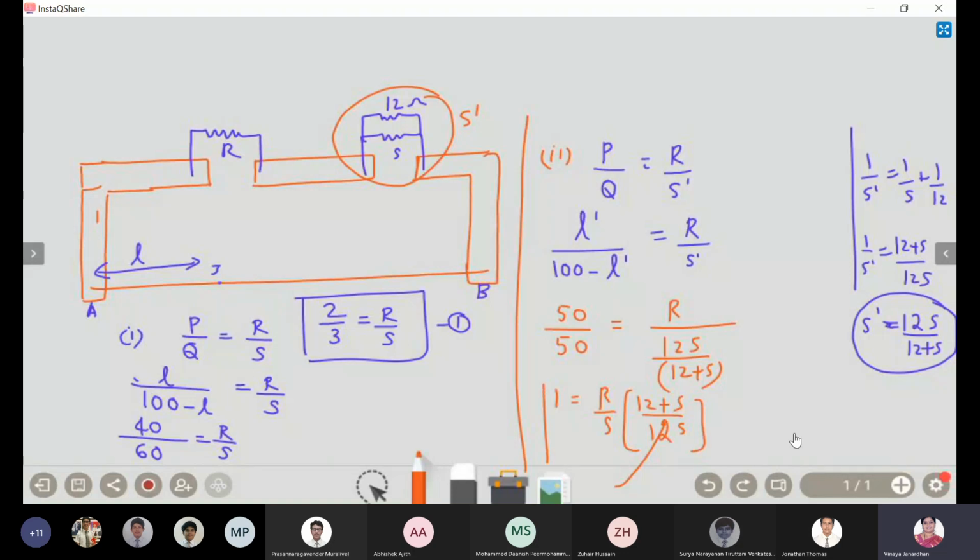I think you can solve. Can you solve equation 1 and 2? You can substitute for R by S, solve for the value of R, solve for the value of S. Or else you get an expression for R by S and equate both the equations.